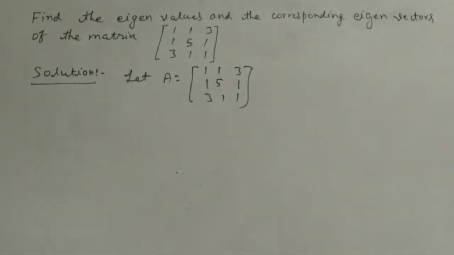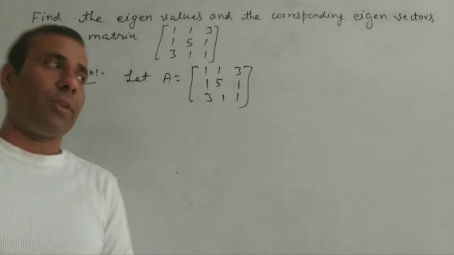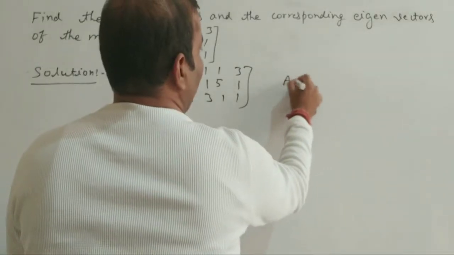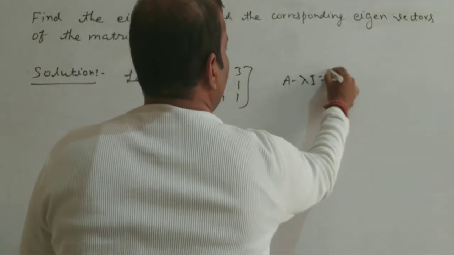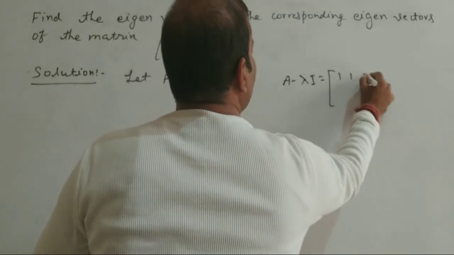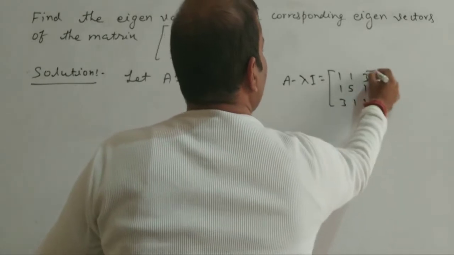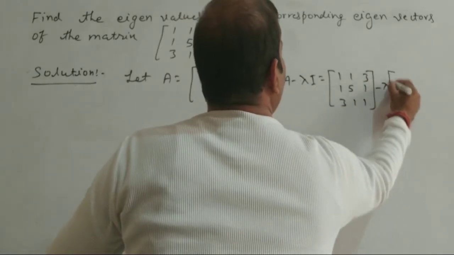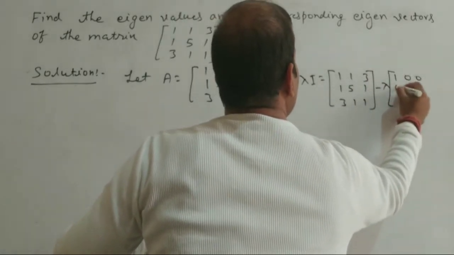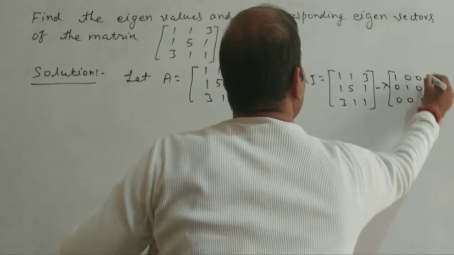Now we have to make A minus lambda into I. So A minus lambda into I equals [1 1 3; 1 5 1; 3 1 1] minus lambda into [1 0 0; 0 1 0; 0 0 1].